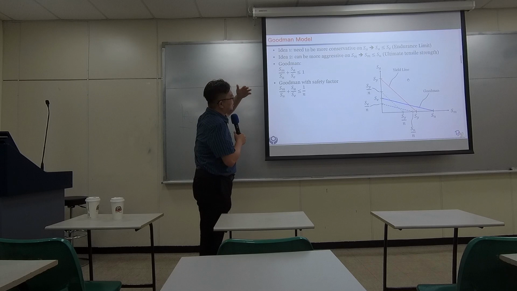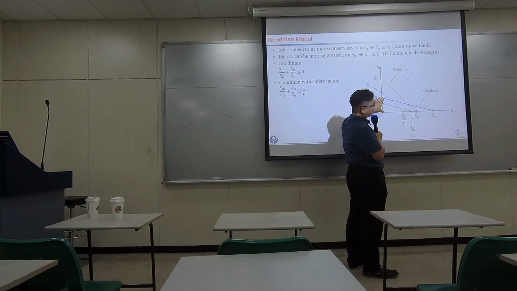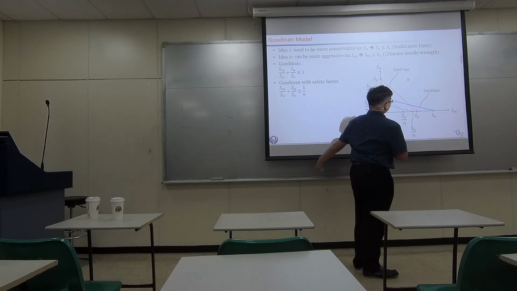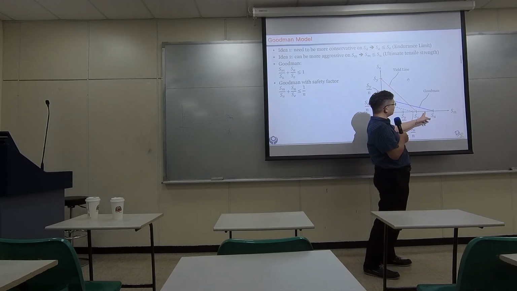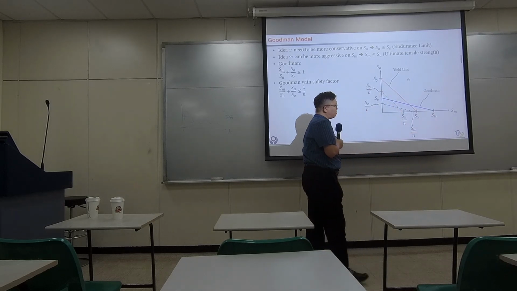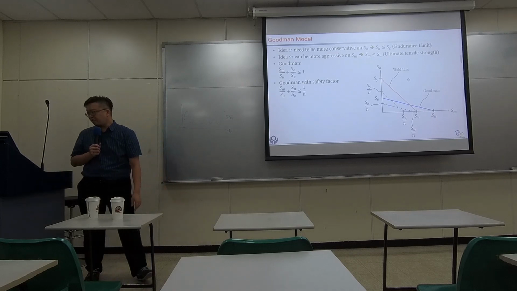So Goodman chose to be more conservative on the amplitude part and used the endurance limit as the upper bound, but he believes for the mean value you can actually have a higher upper bound, so he chose to use the ultimate tensile strength.